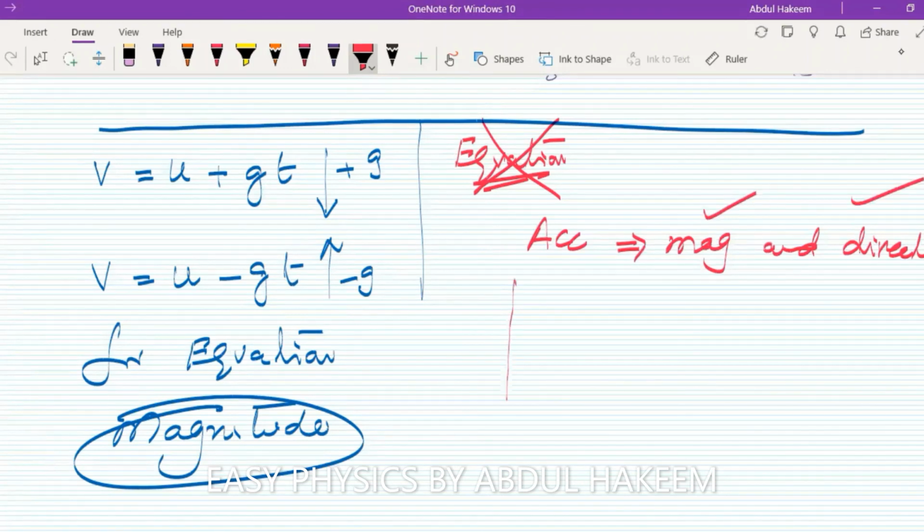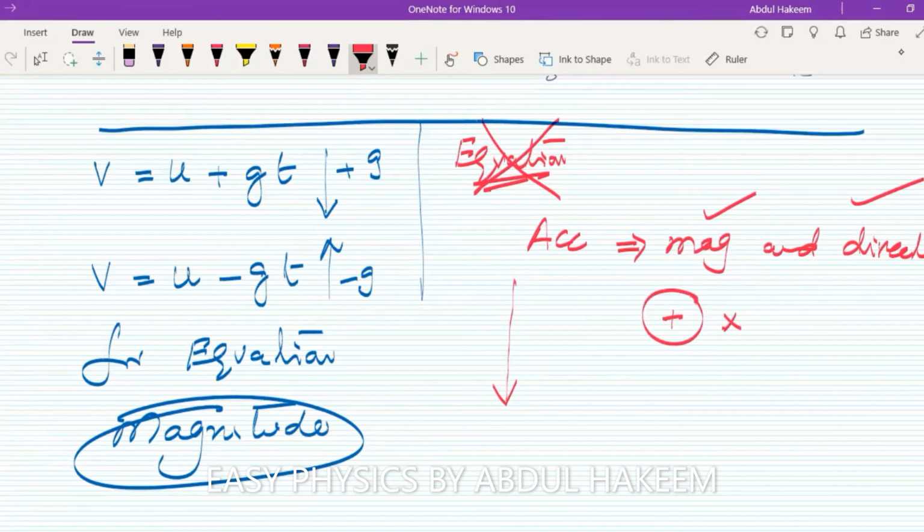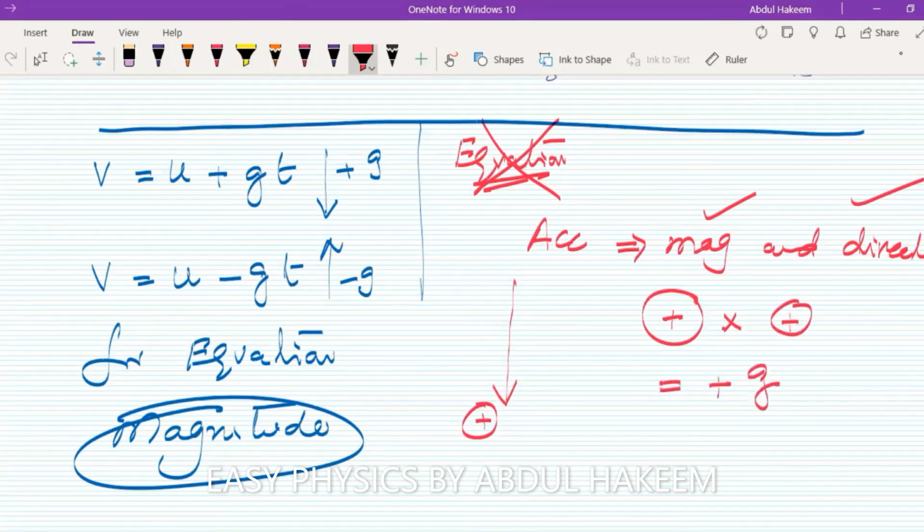When the object is moving down, its speed increases, so the magnitude is plus, and the direction downward is taken positive. So downward, positive into positive, this is plus g.